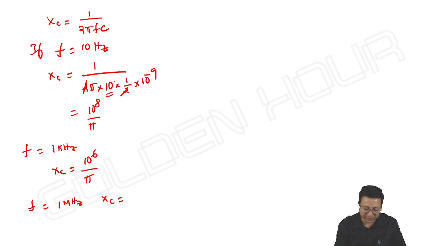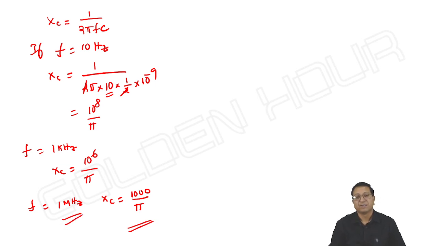Okay, if it is 10 power 6, then it is 1000 by pi. Means the effect of the impedance offered by the capacitor can be observed only in the range of megahertz, not in kilohertz or hertz.